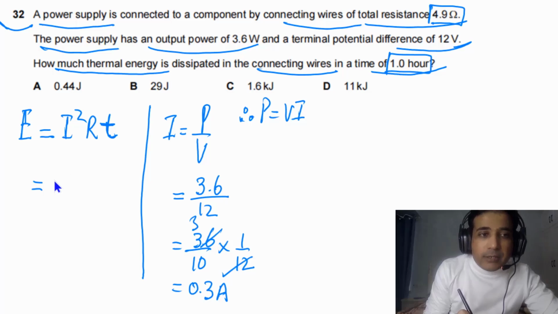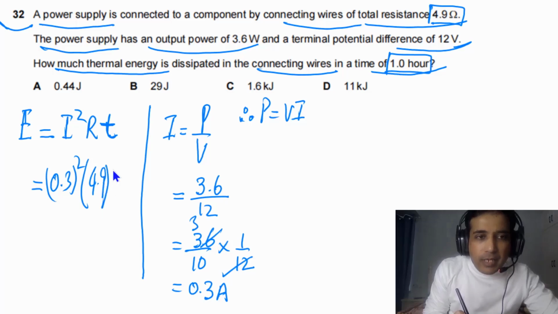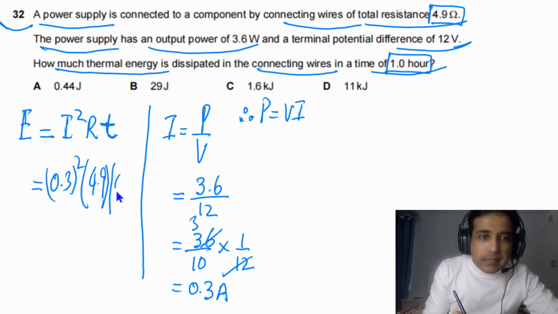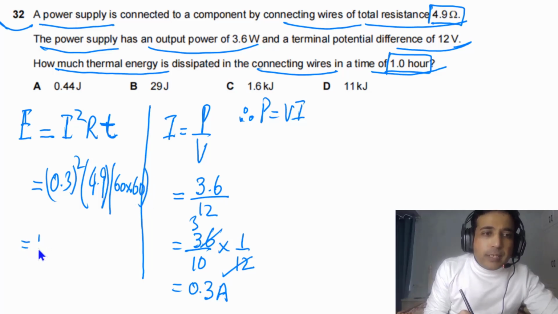Current in this case is 0.3 and R is 4.9, and time is 1 hour, and 1 hour has 60 minutes and 1 minute has 60 seconds. So if we multiply this, we will get our answer about 1588, around this value.